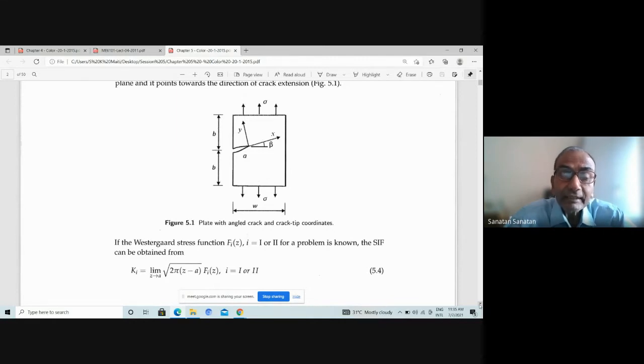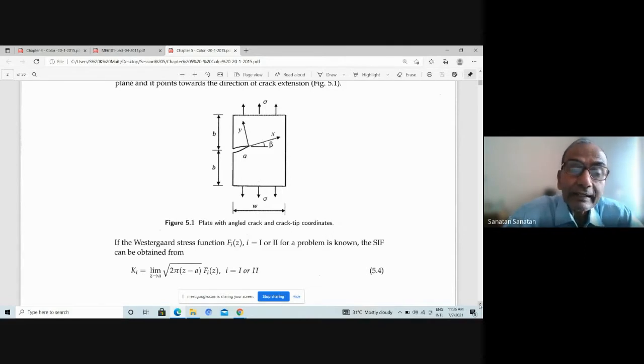The Westergaard stress function will have both mode 1 and mode 2. Please look at the x direction and y direction, and the loading direction also. In that case you can obtain the stress intensity factor.